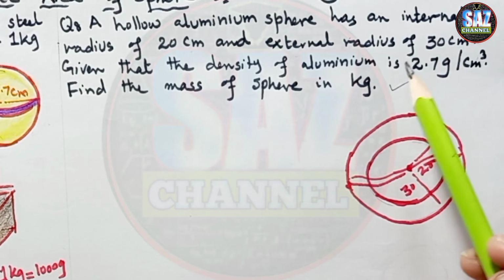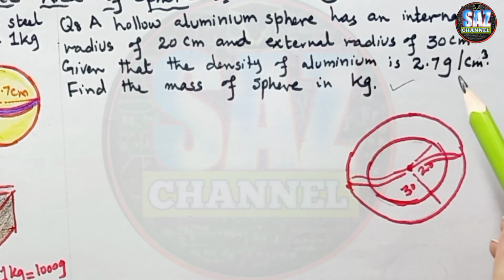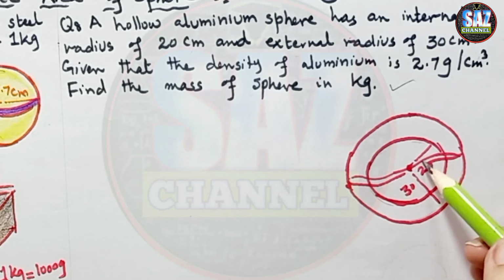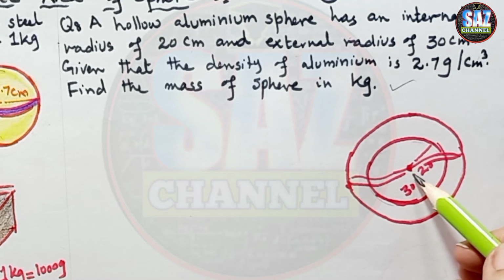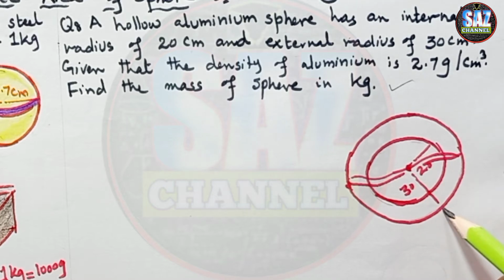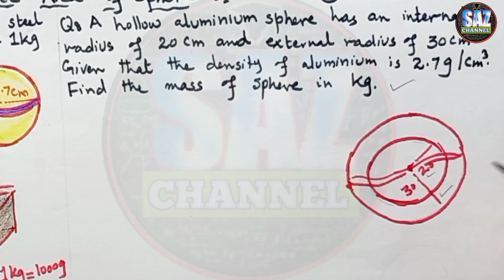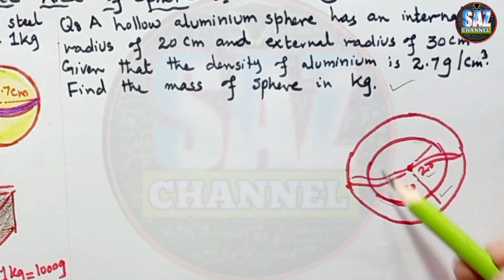Okay, in the question we are given the information of a hollow aluminum sphere with two radii. One is 30 centimeter, which is the outer radius, and one is the inner radius, which is 20 centimeter, and this sphere is hollow.